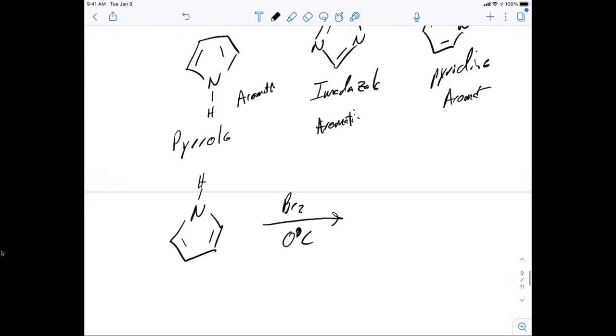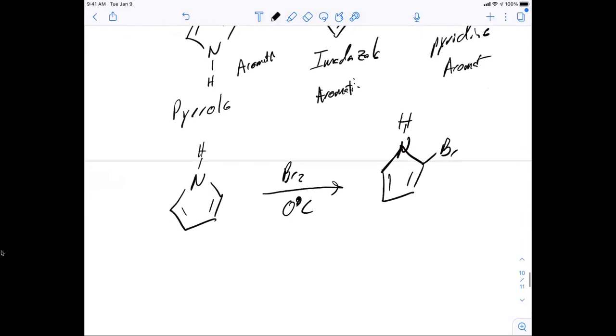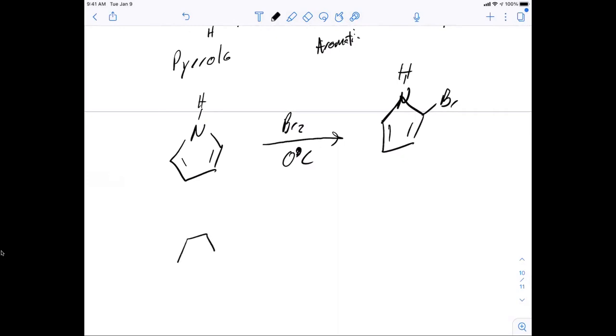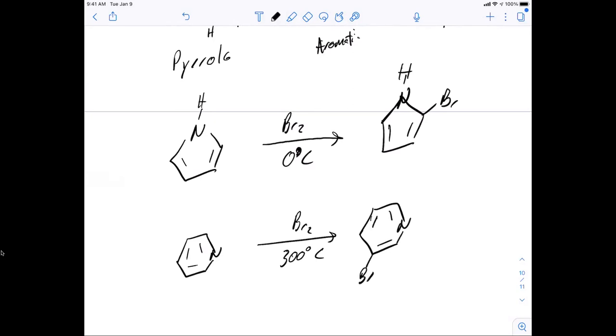If we take pyrrole and put it in with bromine at a cold temperature, we can get electrophilic addition at the 2 position. If we bring in pyridine, we get a similar reaction, but now we have to add a lot of temperature, and we get the 3 position.